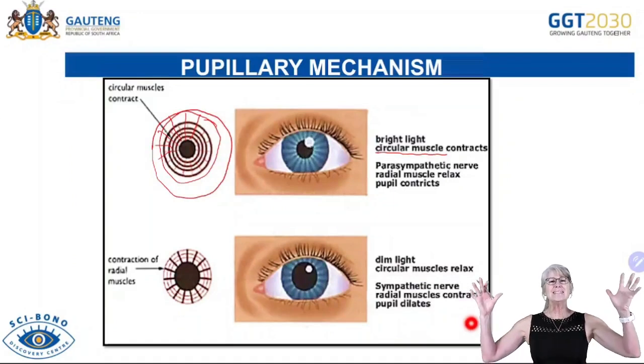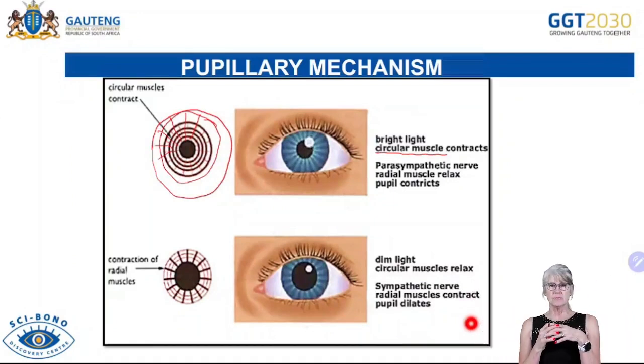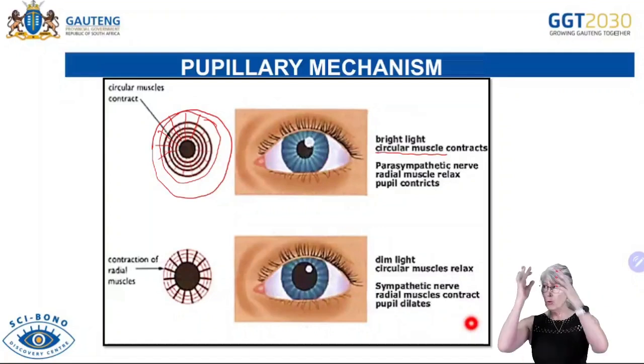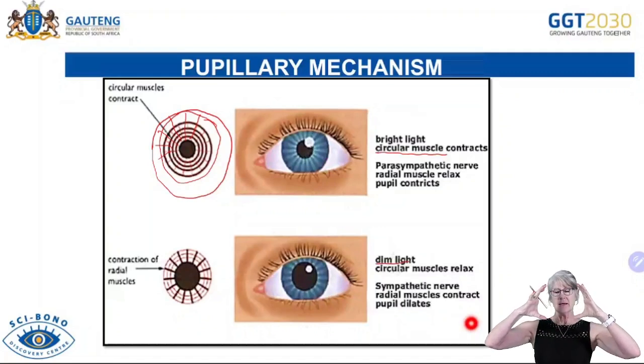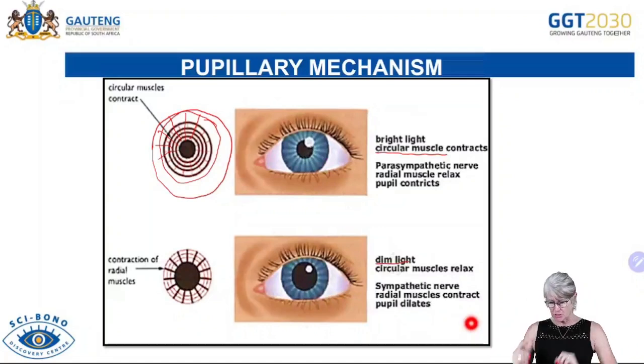When we are now in dim light, so there's not a lot of light. So now I'm not going to be able to see unless I allow all the light that there is into my eye. So what happens here in dim light, the circular muscle relaxes, and when it relaxes, the fibers get longer, and that means my pupil then dilates, it gets larger.